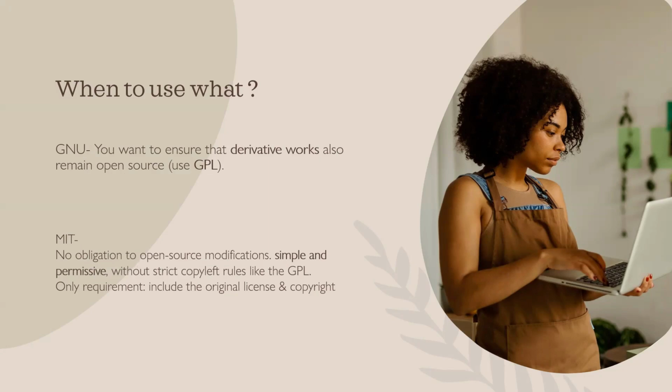But if you are not sure that your final work product will be open for the broad community or for individual groups, then you can take reference of open source softwares under MIT license. The only obligation with MIT is that you have to mention the original license and notices of the original creator of that open source software.